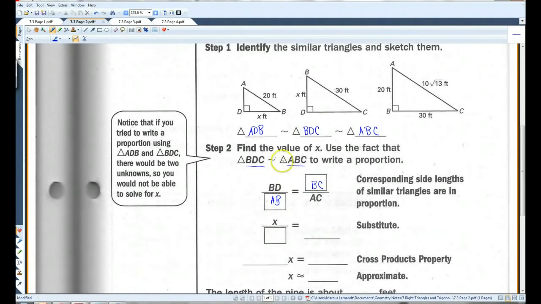Now BD says here is X, AB is 20, BC is 30, and AC is 10 root 13. Okay? So I'm going to cross multiply. I've got 10 root 13 x equals 600. I'm going to divide both sides by 10 root 13. 10 would make this like that. So 60 divided by root 13.